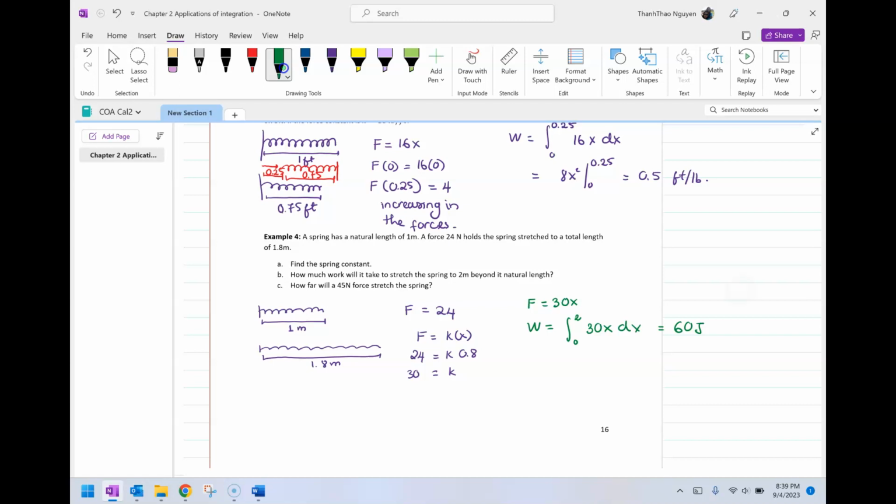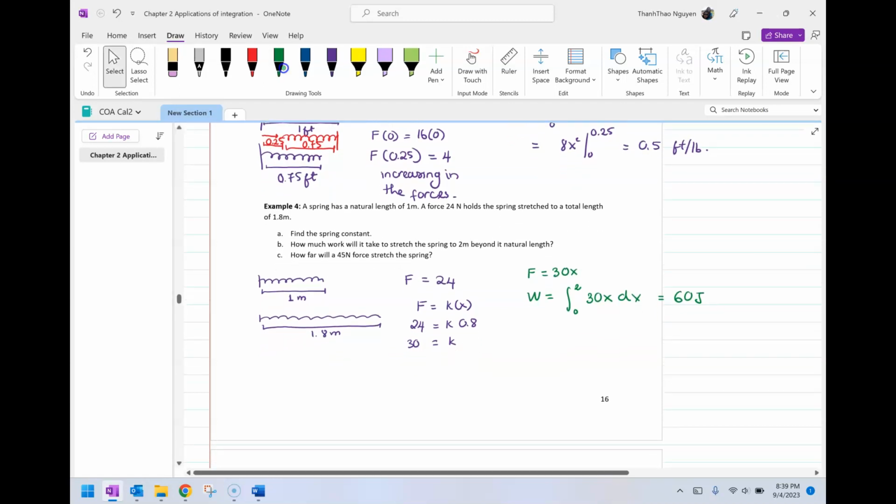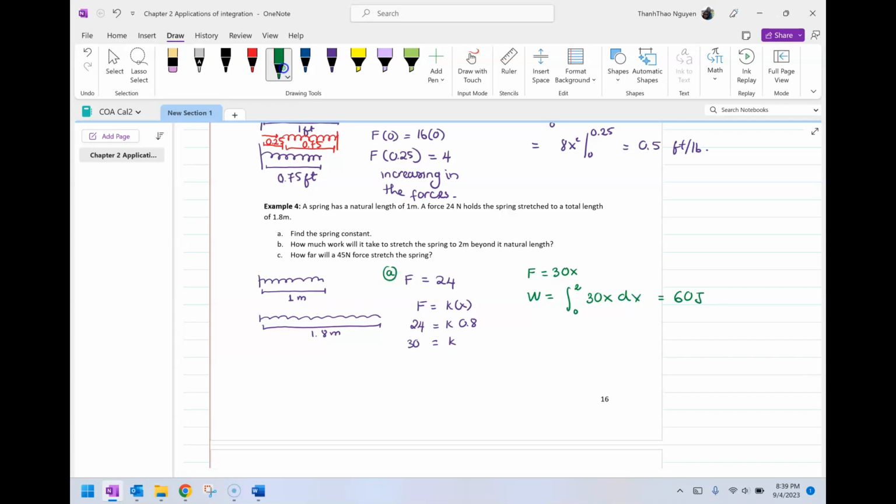How far will a 45 Newton force stretch the spring? Now we're given k and we want to find x.